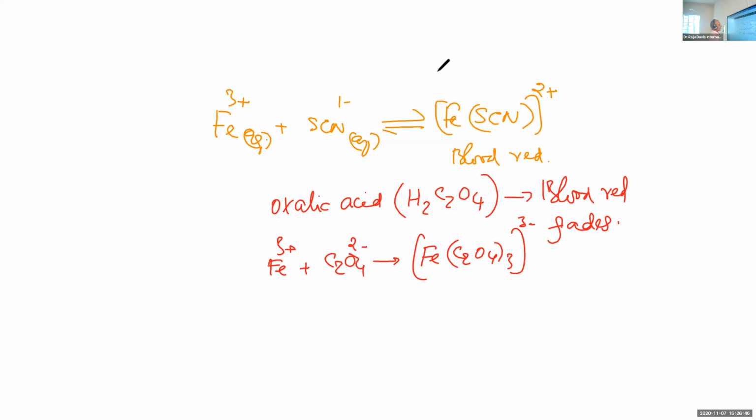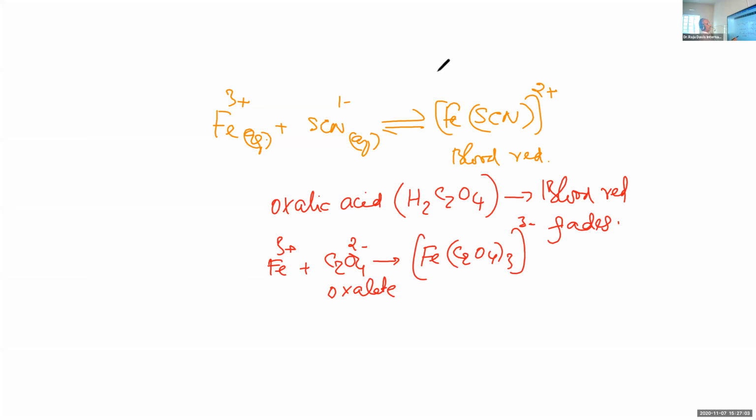This complex is formed. The Fe3+ present in the solution reacts with the oxalate ion, forming this complex.